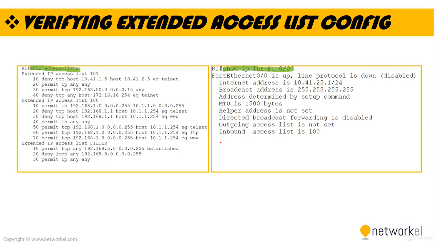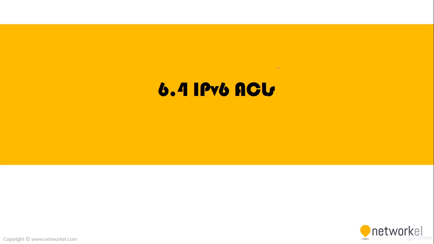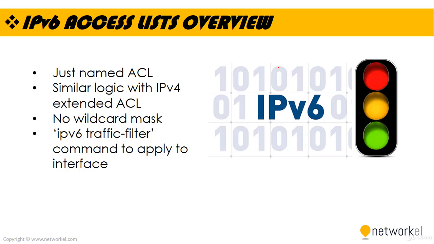To verify the extended access list configuration, we can use the show access-lists command, as you can see, and we can display them. We can also use show ip interface and the related interface name. Let's go ahead with the IP version 6 ACLs.